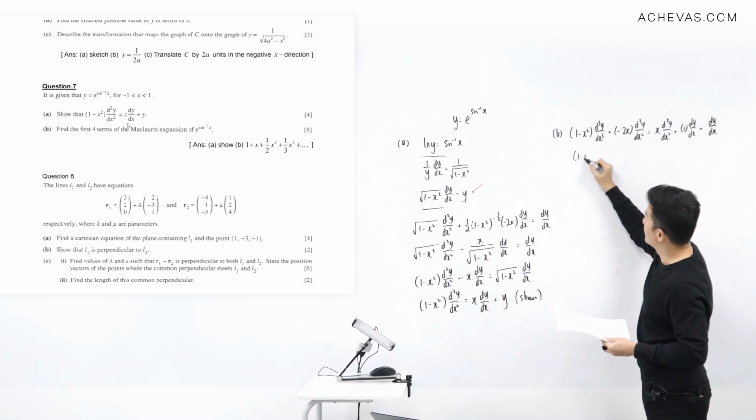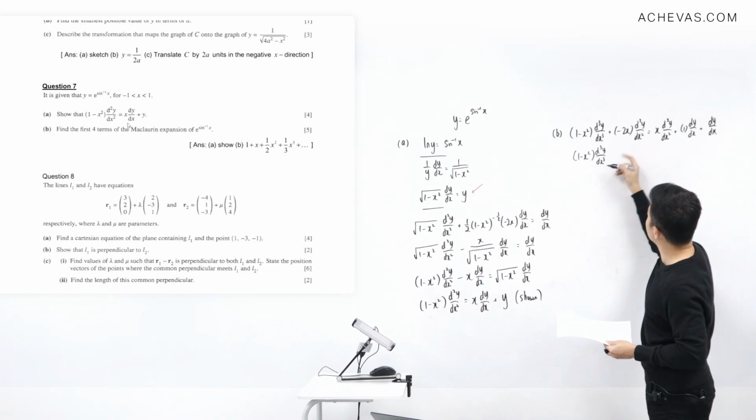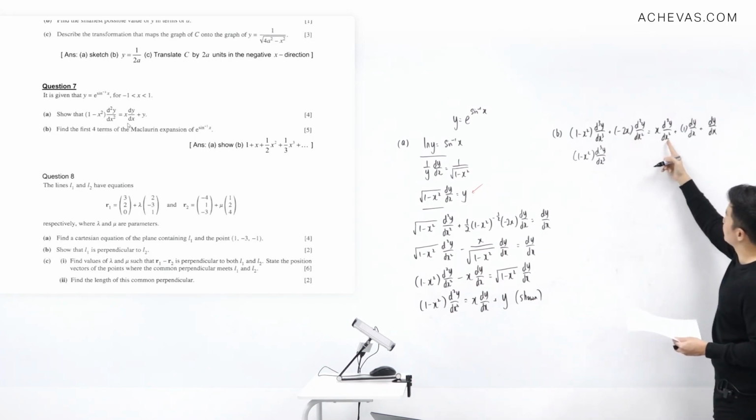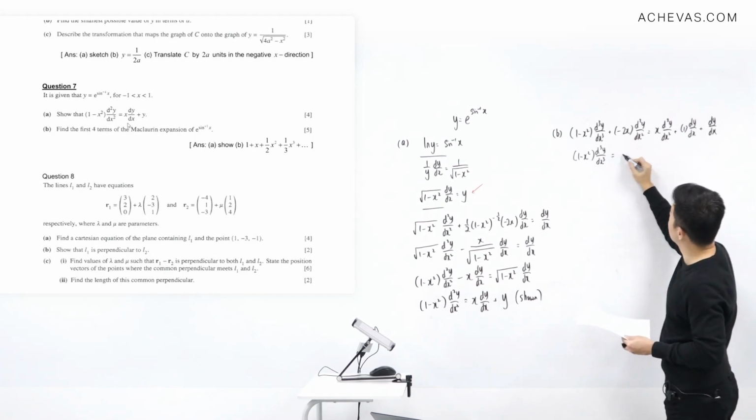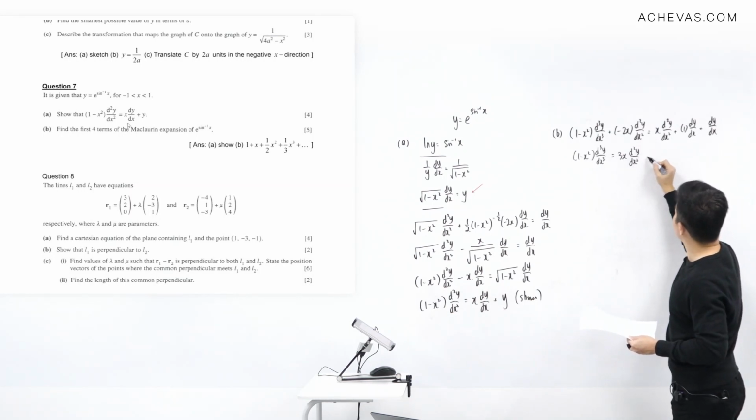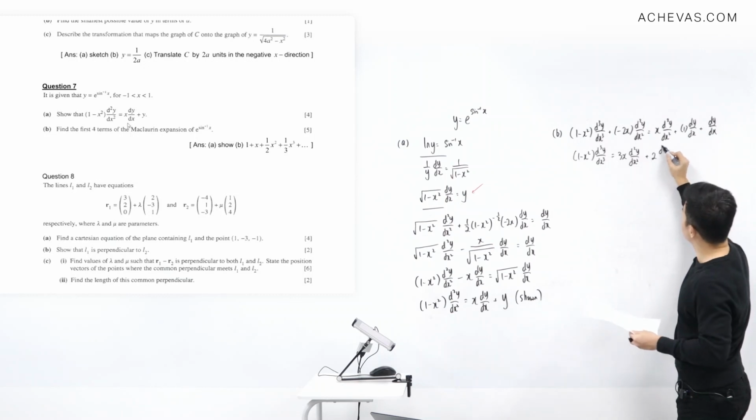Simplifying this, (1 minus x squared) d cubed y dx cubed. This, I'm going to bring over to the right-hand side to combine with this, which will give me 3x d squared y dx squared. Then this will be 2 times dy dx.